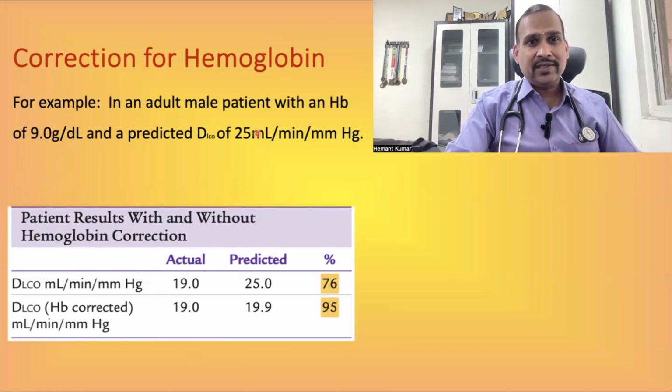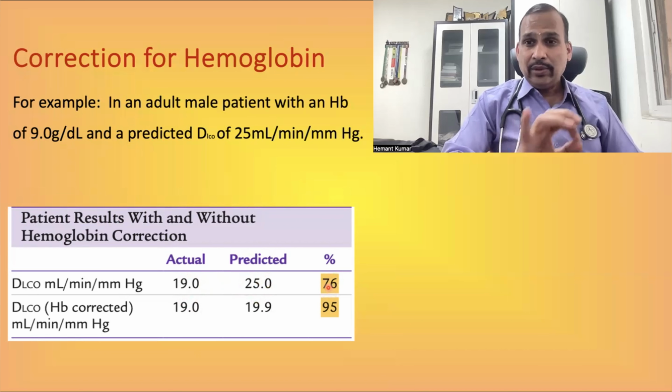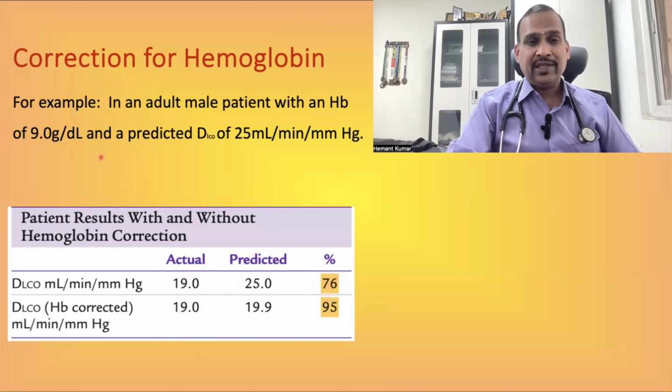So the most common is correction for hemoglobin. You can see this example. Patient DLCO is 19, predicted is 25, which is 76%. If you don't know the hemoglobin, you will label it as 76%, but the hemoglobin is 9. So we have to correct DLCO for this hemoglobin.